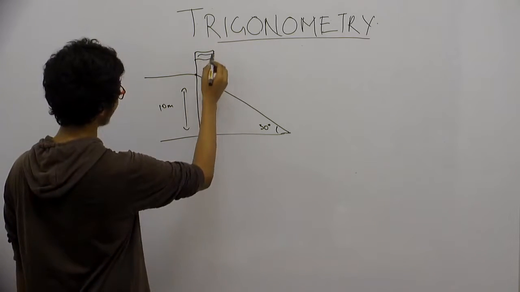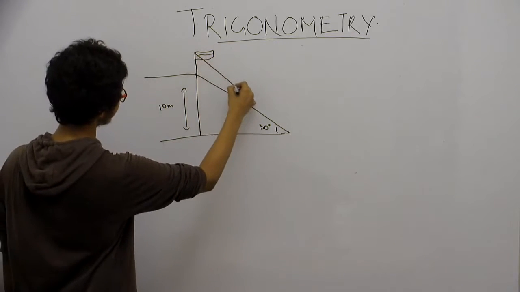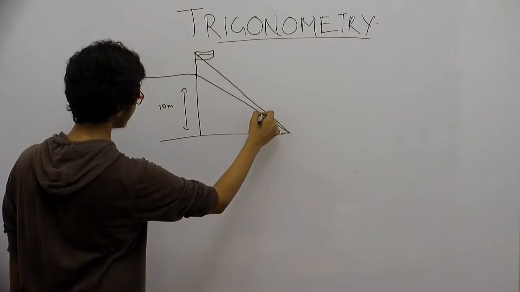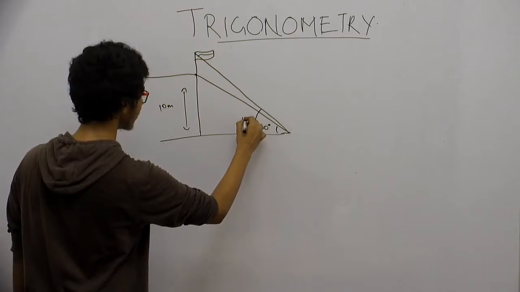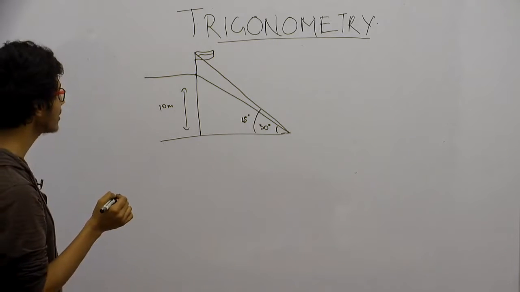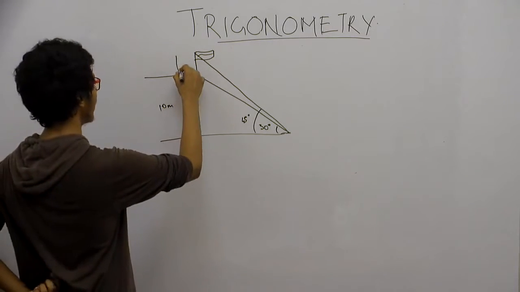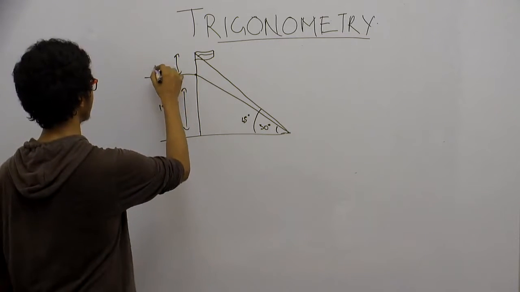We are also given the angle of elevation of the flag. So this bigger angle becomes 45 degree. We have to find the height of the flag.